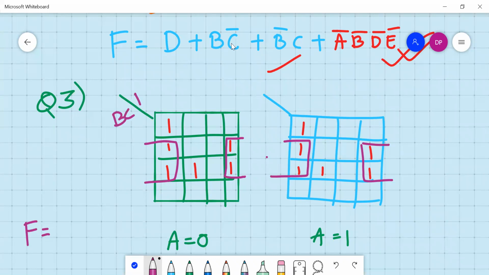This is BC, DE, BC, DE. So this is a group of 8. So what is common over here?